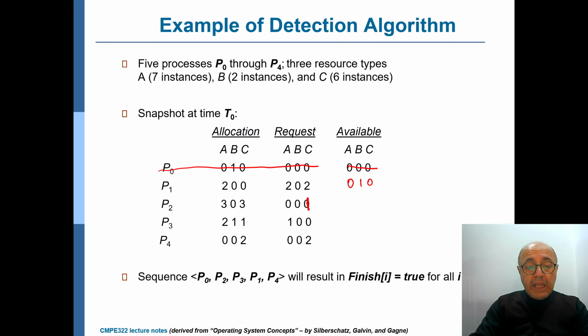Therefore, if the request matrix of P2 is modified as 001, the system would be in a deadlock. P0 could complete, but the remaining four processes, P1, P2, P3, and P4, are in deadlock in this case.